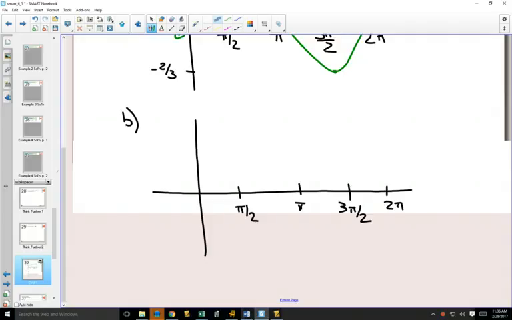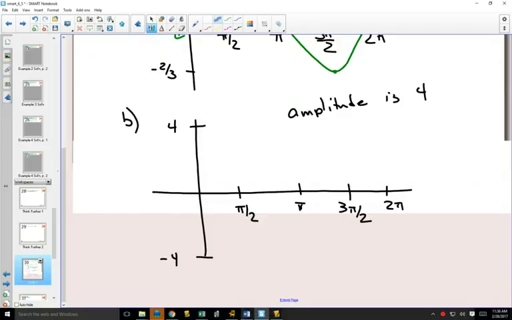And our amplitude for cos was 1, but with that 4 out in front, our amplitude's now going to be 4. In fact, that -4 out in front is a vertical stretch and a vertical reflection.